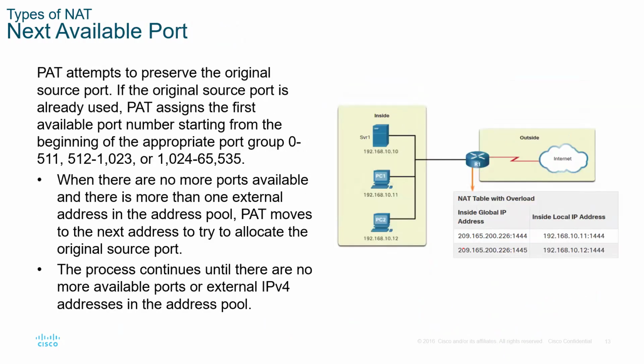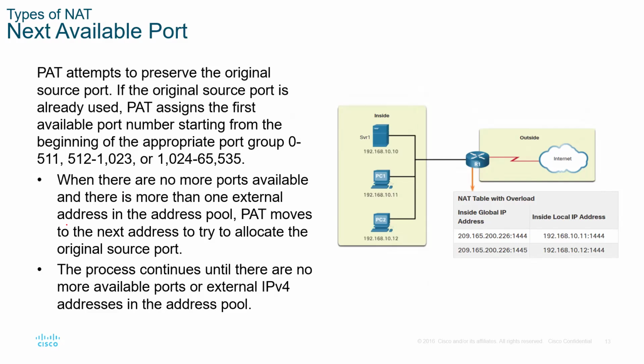Next available port. With PAT, one of the problems we have with PAT is, let me read first. PAT attempts to preserve the original source port. If it is already used, it assigns the first available port number starting from the beginning of the appropriate port group, 0 to 511, 512 to 1023, 1024 to 65535.